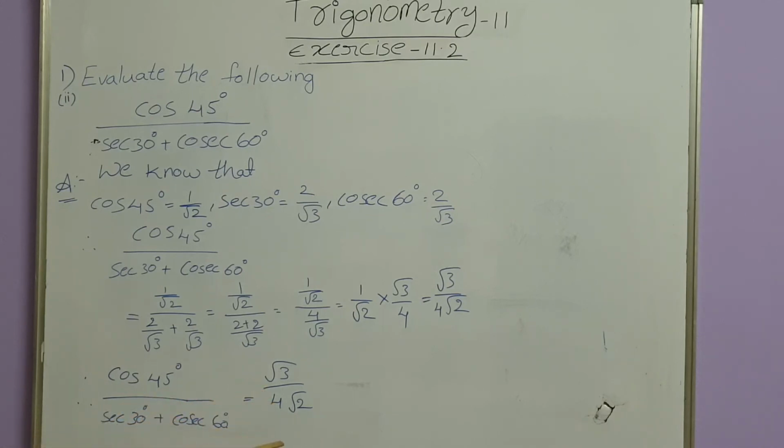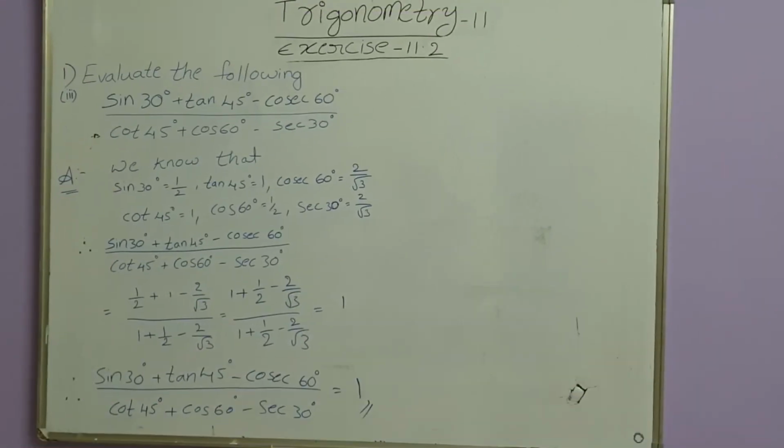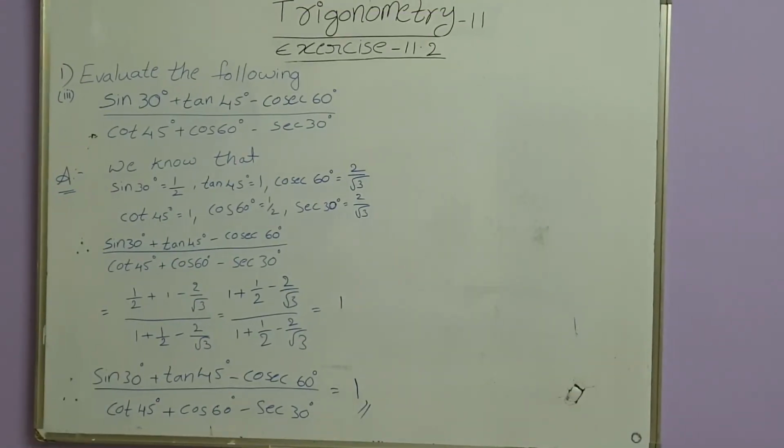4 root 2. In this third one, sin 30 degrees plus tan 45 degrees minus cosec 60 degrees by cot 45 degrees plus cos 60 degrees minus sec 30 degrees. We know these values.